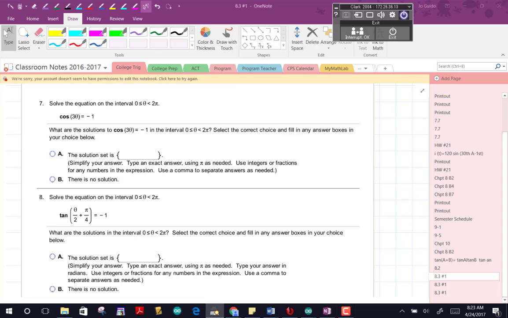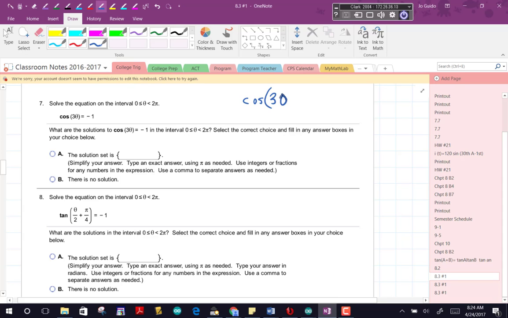Okay. All right, so we want to solve cosine of 3 times theta equals -1. This is an example of a place where I would use u substitution. I would let u be equal to 3 times theta, and then ask, where is the cosine of u equal to -1?